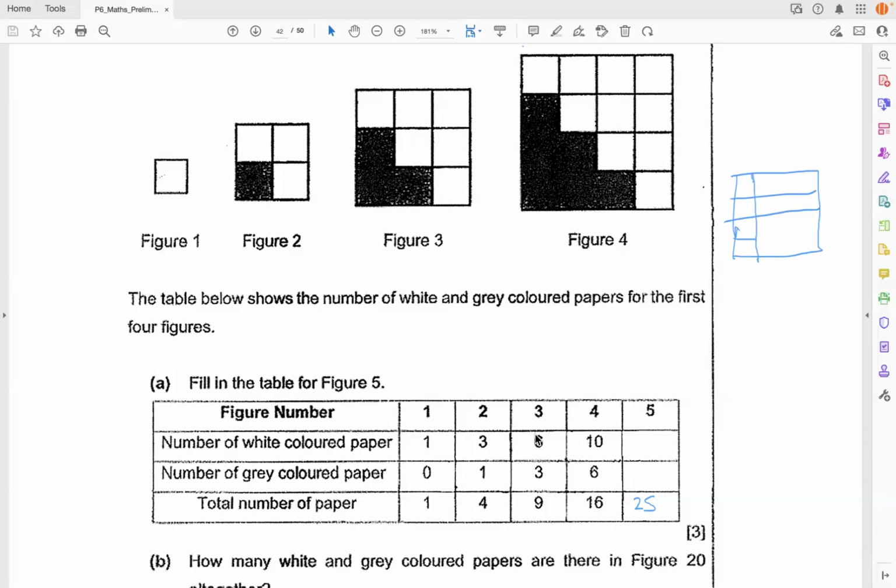Let's fill up this one. It's okay to draw them again, you know. The next one will be here. Make sure it's still a square. So this is how it goes.